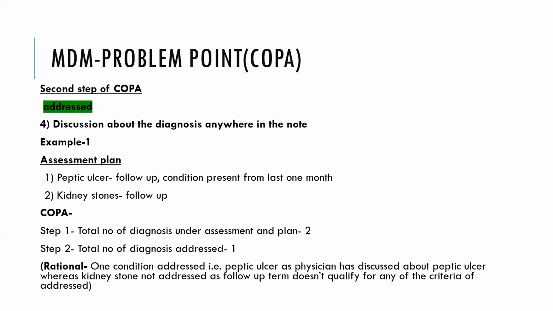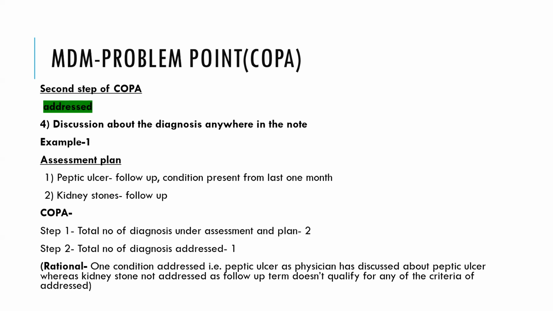Now let's talk about the fourth criteria, which is discussion about the diagnosis anywhere in the note, right? Especially in the HPI section, you will get this information. But sometimes the physician documents this information under assessment and plan, right? So if you check the two examples, what do you mean by discussion? They're talking about that condition, like how long the patient has had the condition, right?